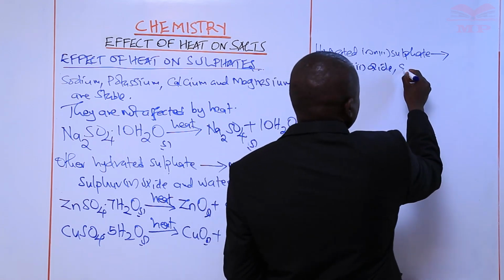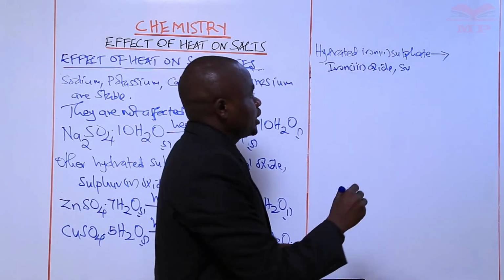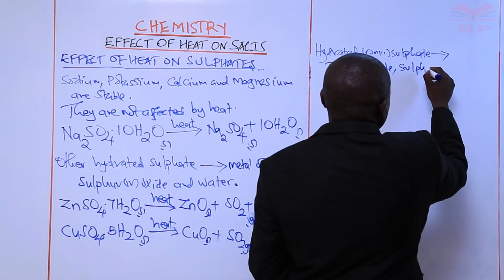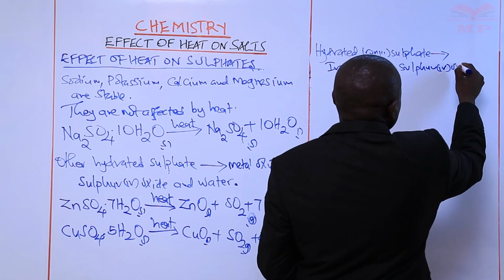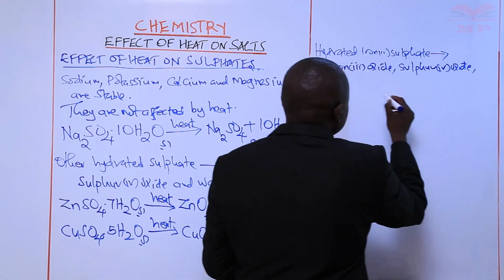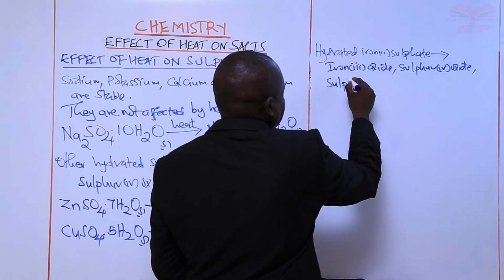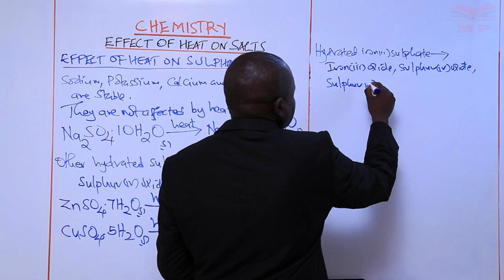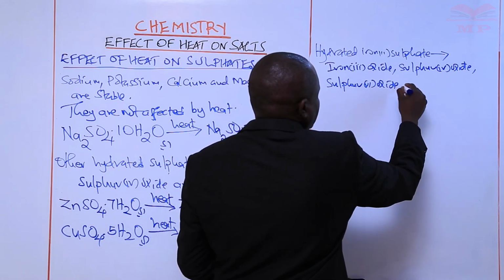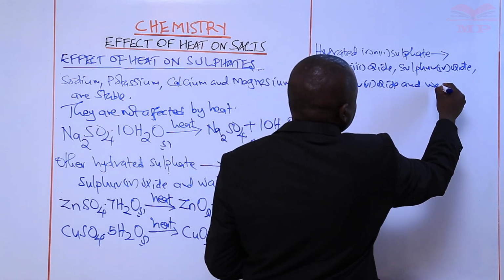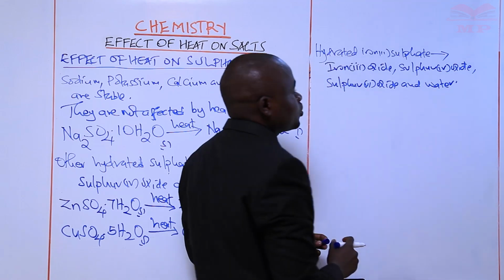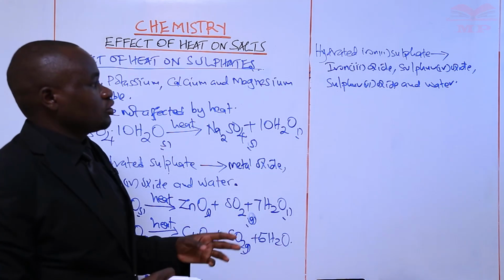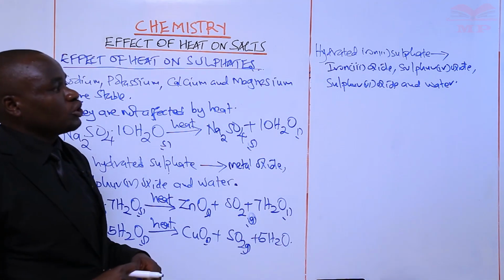The other product, we have a mixture of 2 gases, sulfur 4 oxide gas. We also have sulfur 6 oxide, and lastly we shall get water. So those are the products of effect of heat on sulfates.